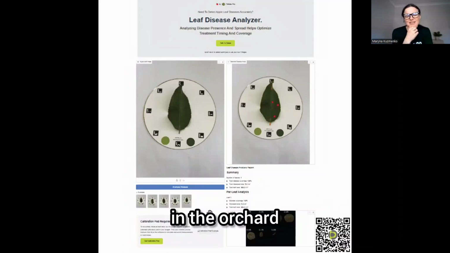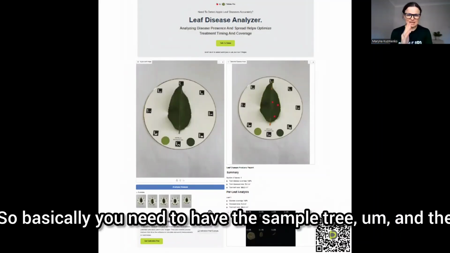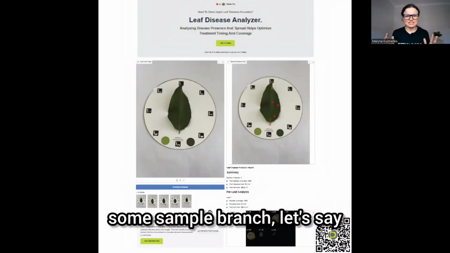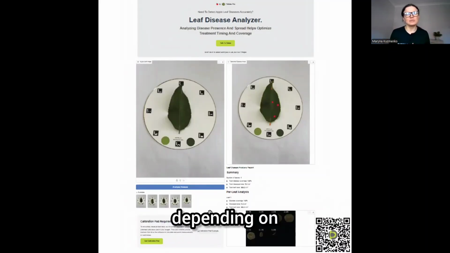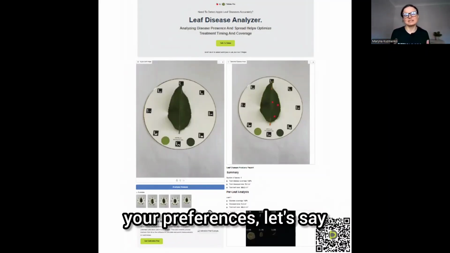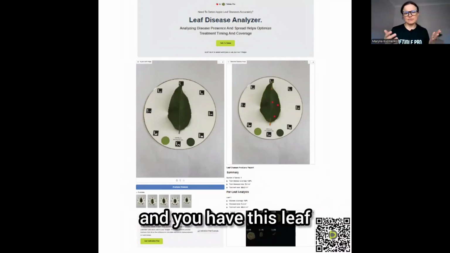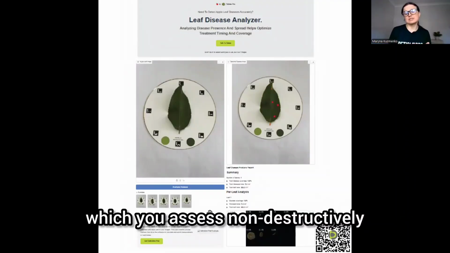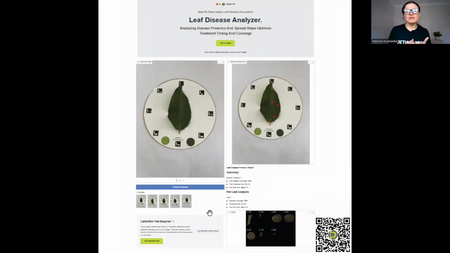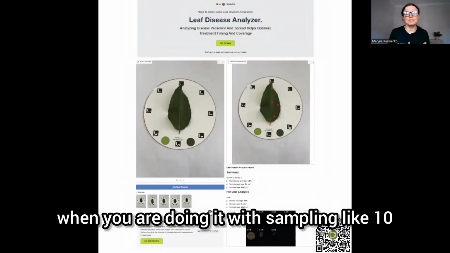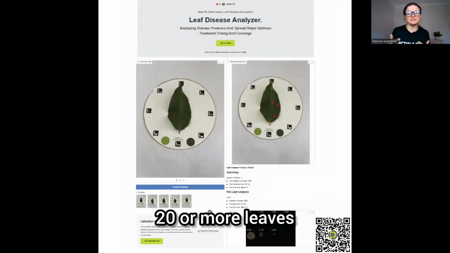And I also got a question from one of the practitioners: how can I do this in the orchard? Basically you need to have a sample tree and a sample branch, depending on your preferences. Then you go on a regular basis to this branch and assess the leaf non-destructively, or even destructively when you sample 10, 20 or more leaves.